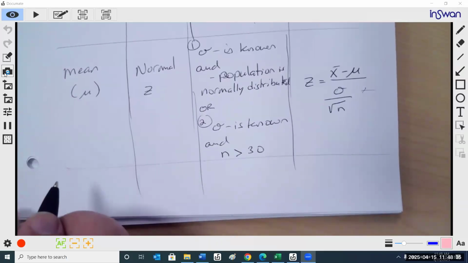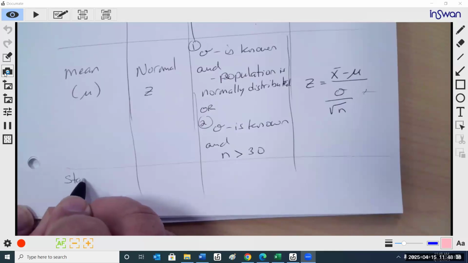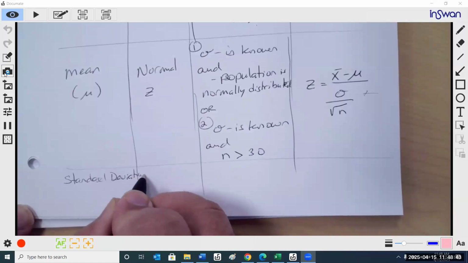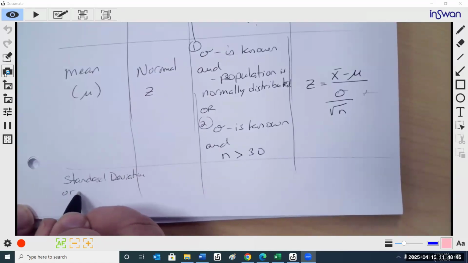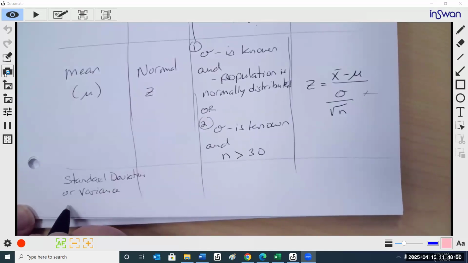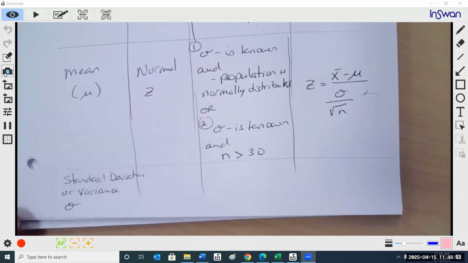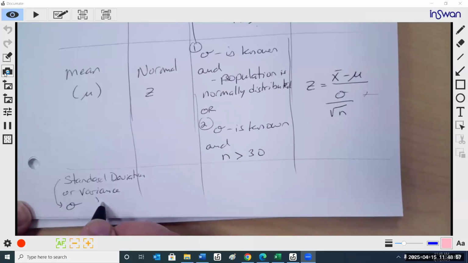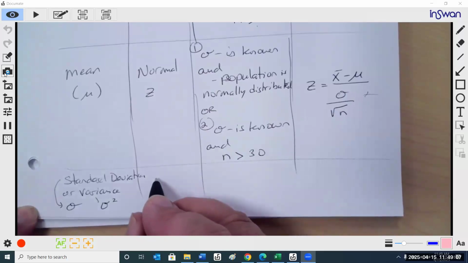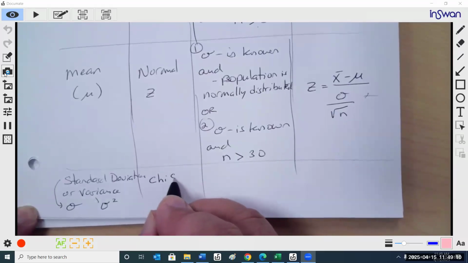And the last one, the third one, is the standard deviation or variance. Standard deviation is rho, and the variance is rho squared. We did that in the second or third week of class, when we did the calculations. If we're doing the standard deviation, then we use something called chi-square.